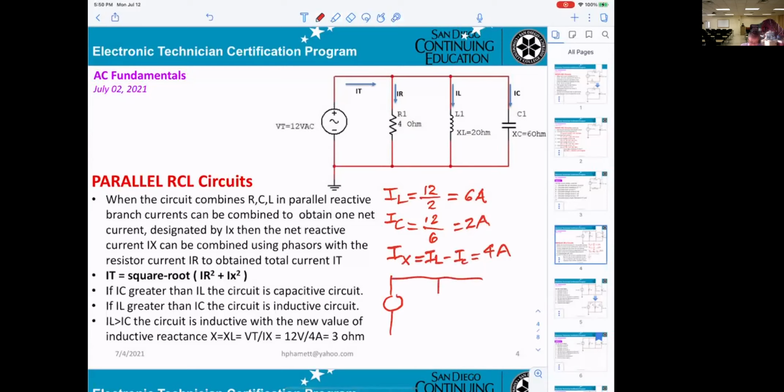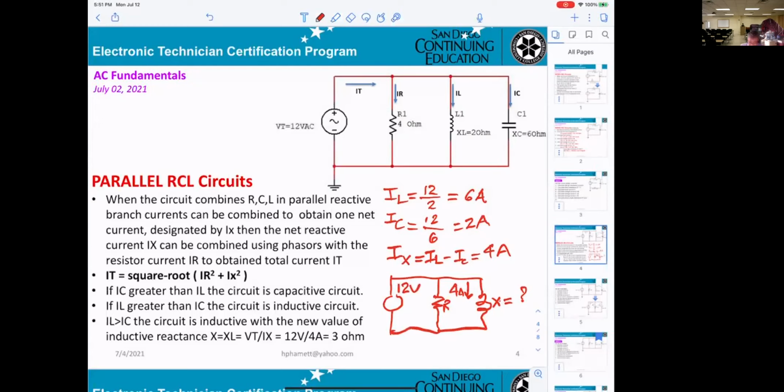So that means this circuitry, you can go back to this circuitry this way. You still get the resistor here, nothing to do. Okay, and now you will get a new inductor. So that will be R, and that will be X. Okay, and you don't know the value. However, you know the current here, 4 amp, and you get the total voltage 12 volt.